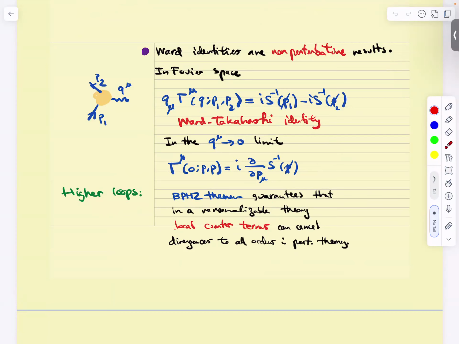However, in renormalized perturbation theory, if that were the case, then our counter terms would be non-local because we're subtracting something that is completely local in phi naught, right? From some expression that's local in phi r, right? But the BPHZ theorem says in renormalized perturbation theory, there will always be local counter terms that can cancel divergences to all orders in perturbation.